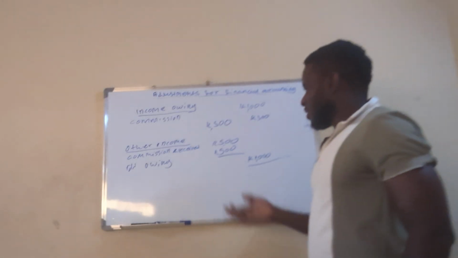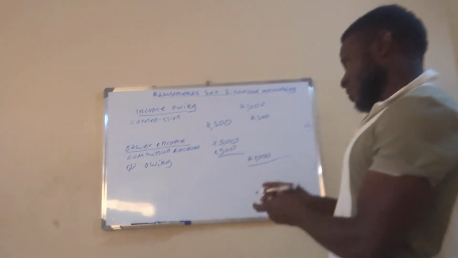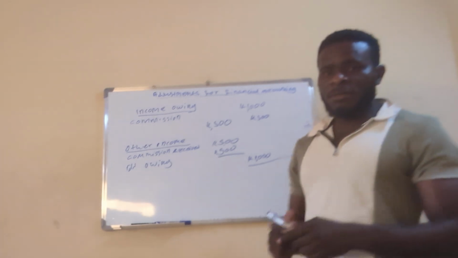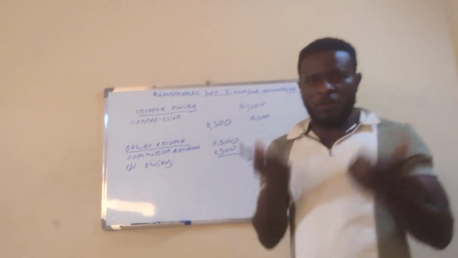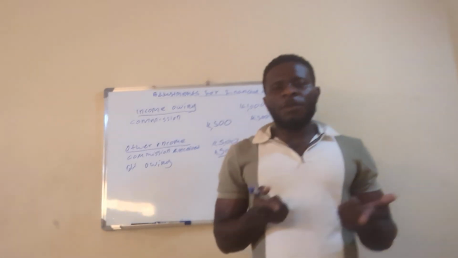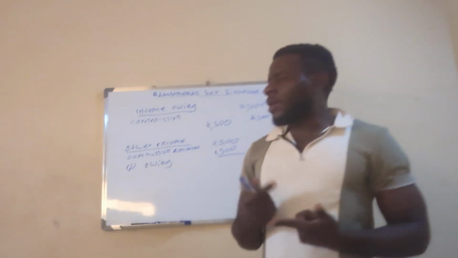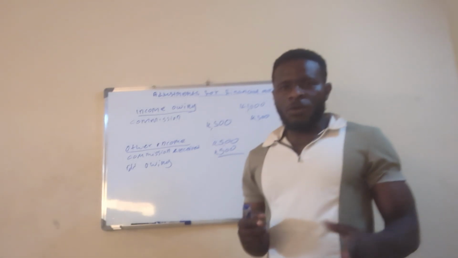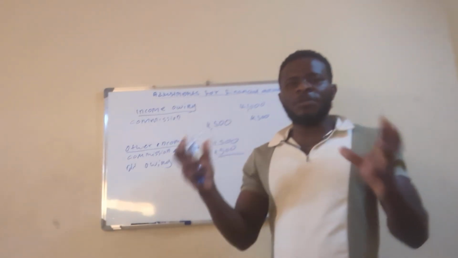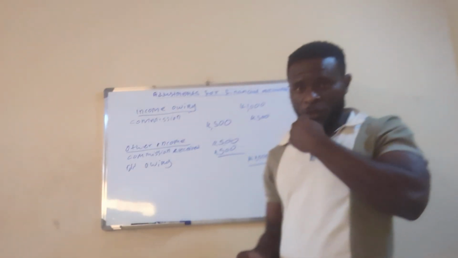I've already explained how this is supposed to be done. So for those that are following, take time to screenshot this, but the most important thing is to follow what I'm saying, because whatever information I'm giving you right now will apply in a question that you will solve when you solve the income statement and the balance sheet of a sole trader.